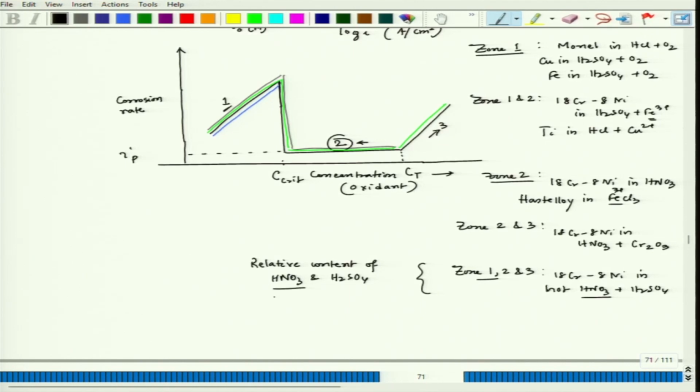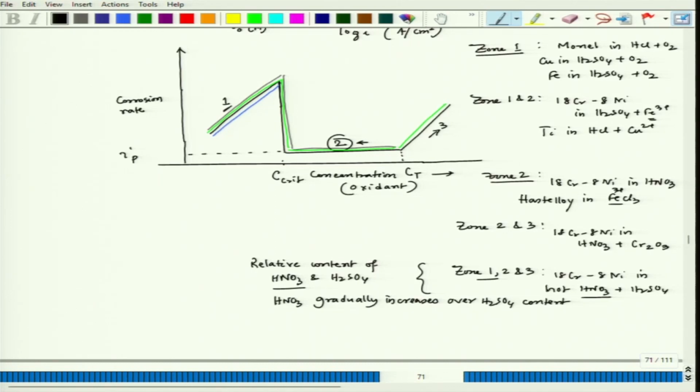So, this behavior shows when HNO3 content gradually increases over H2SO4 content. In that case we can see all three zones.